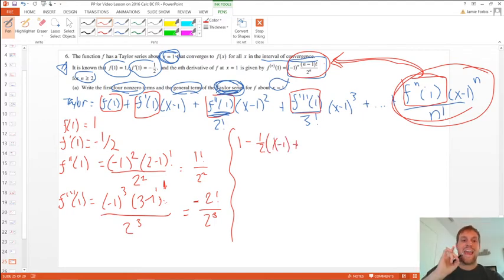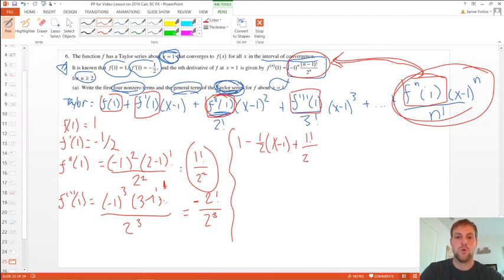So f double prime of 1 was 1 factorial over 2 squared divided by 2 factorial. So I'm going to say that this is 1 factorial divided by 2 squared times 2 factorial, because when you do a fraction divided by 2 factorial, it just goes on the bottom of the fraction. All times x minus 1 squared.